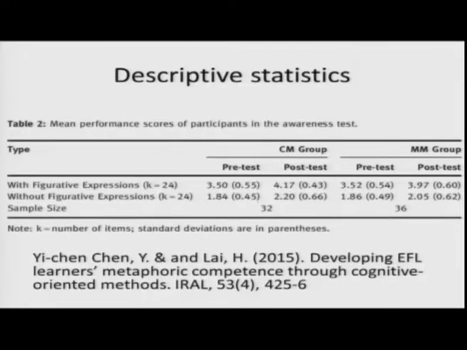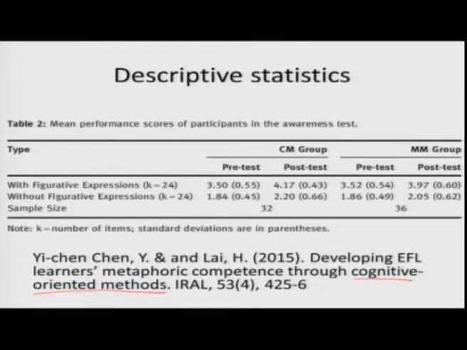Let us look at an example now. This is from a paper, developing EFL learners' metaphoric competence through cognitive oriented methods. There were two groups, control group and experimental group. With one group they used cognitive oriented methods, that was the experimental group.